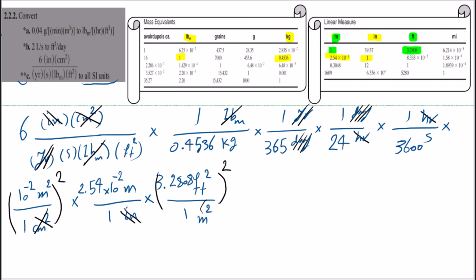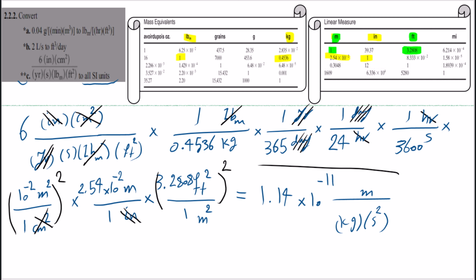Because it is not linear, but here we have linear measure. This is foot, this is meter, this is a square foot, this is a square meter. So the answer will be calculated as this: 1.14 multiply 10 power minus 11 meter per kilogram second power 2. This will be your final answer.